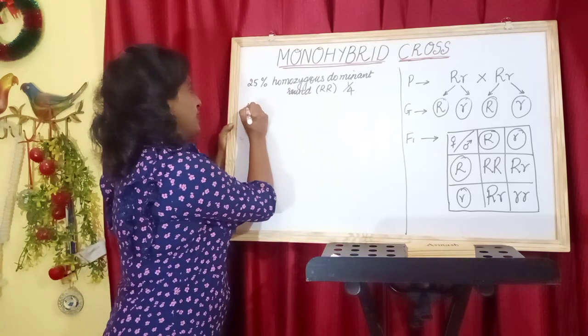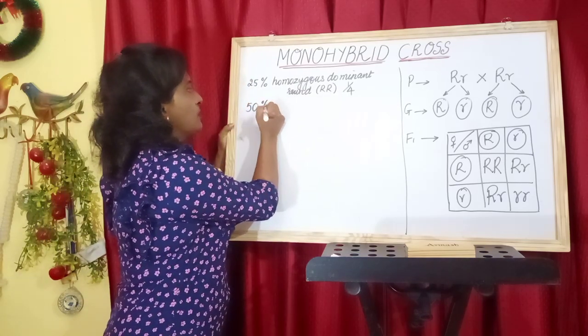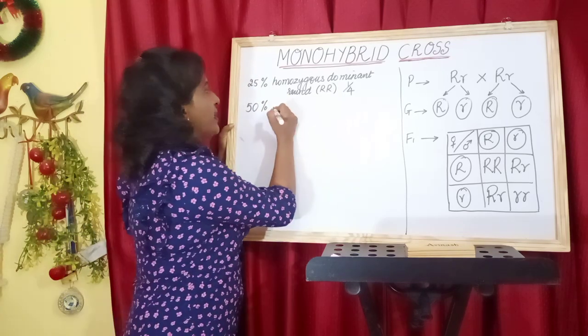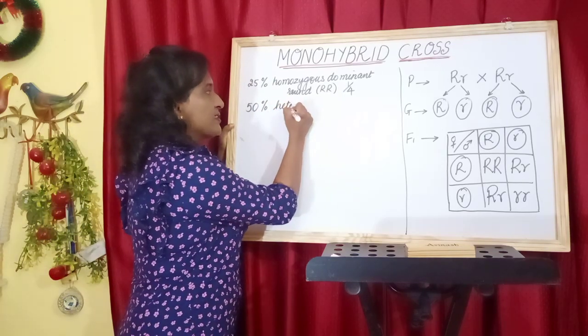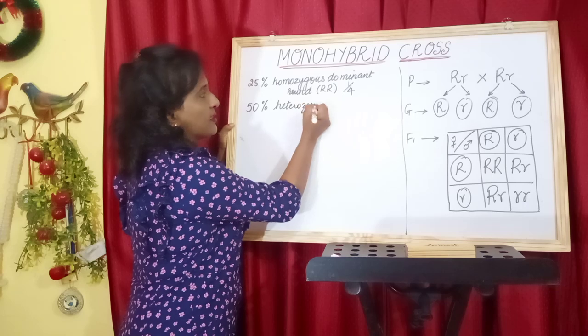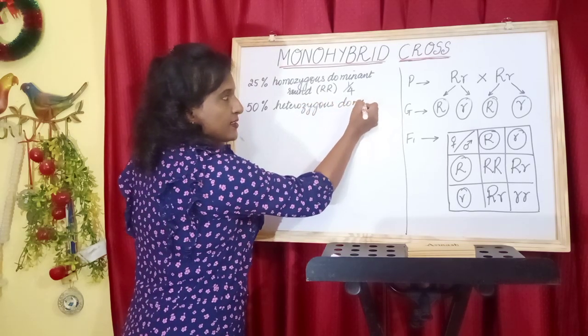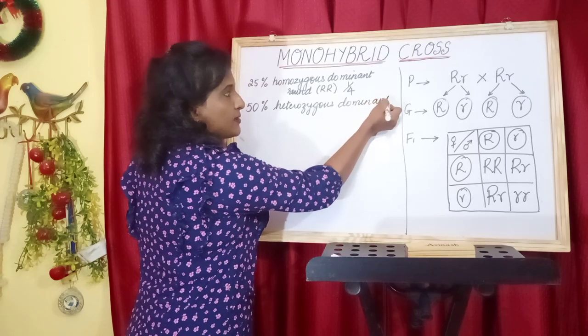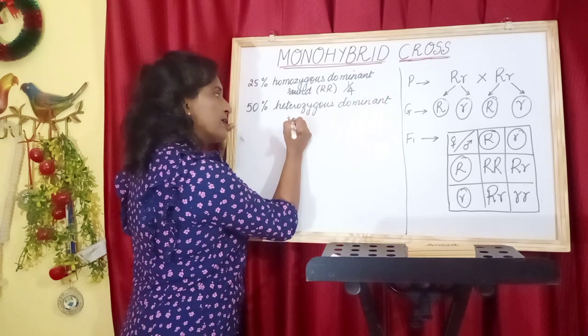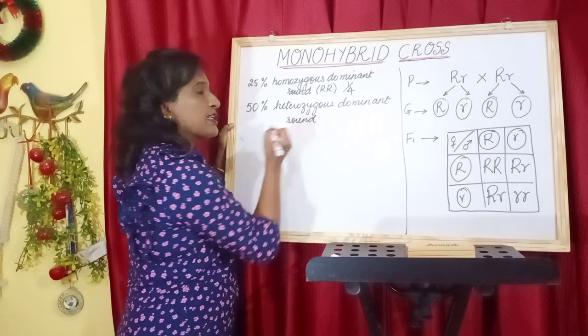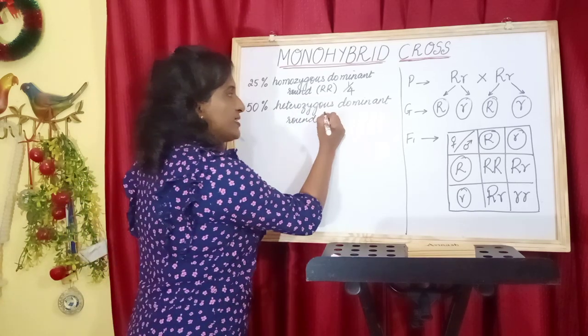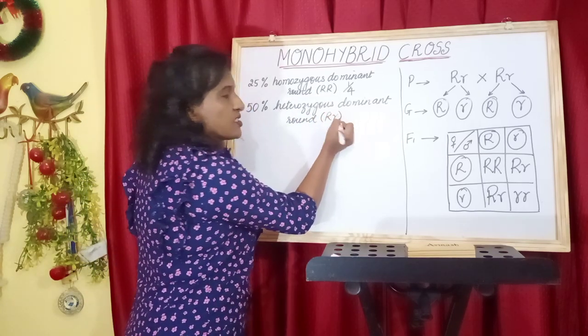Then 50% of plants are heterozygous dominant round seeded plants, that is capital R, small r.